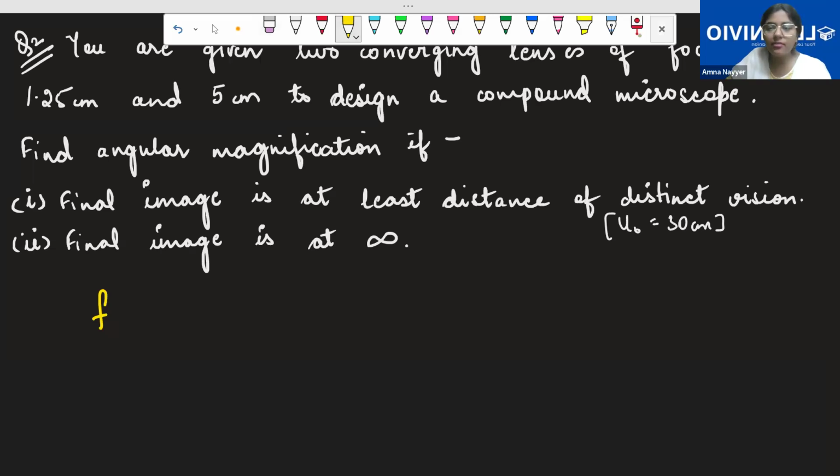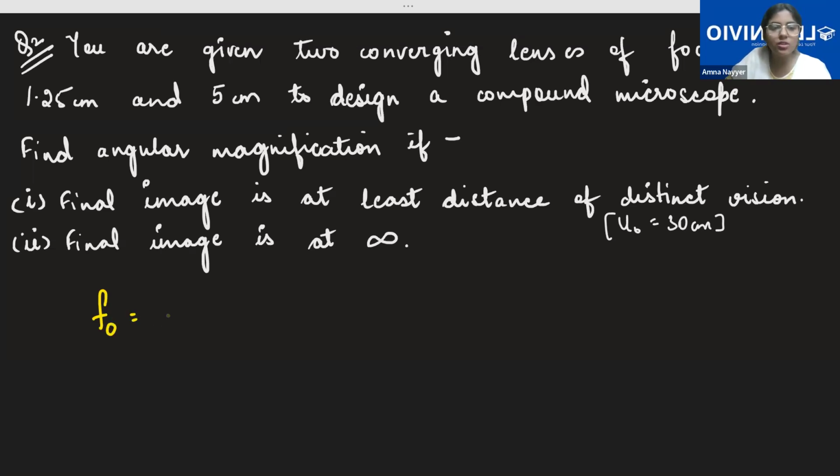So the objective lens will be the lesser one, which is 1.25 centimeter. Fe is 5 centimeter. It says find the angular magnification if the least distance of distinct vision, D, is given to us as 30 centimeter.